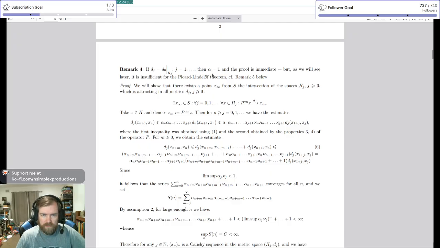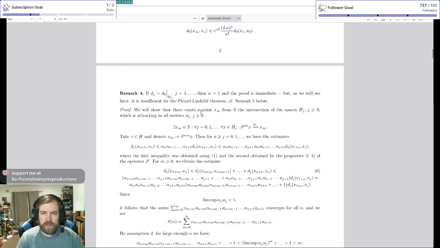All right. If d sub j is equal to d sub 0, if h sub j, and j is going from 1 on up, then alpha equals 1, and the proof is immediate.